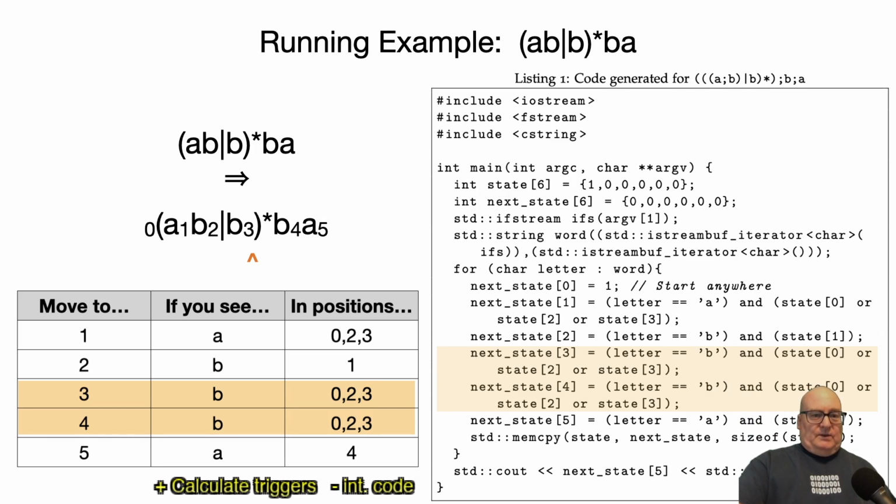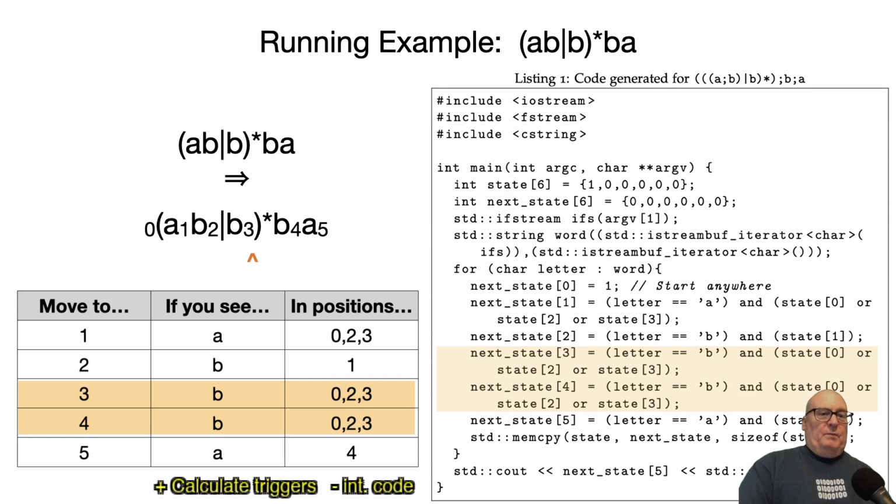So there's a caret there, but we've either gone A, B, or a B. Now if you see a B, I'm looking at the first one of those shaded lines, and you're in position 0, 2, or 3, so you're either at the start, you finished the first branch, or you finished the second branch. Then what should you do? You should move to state 3.